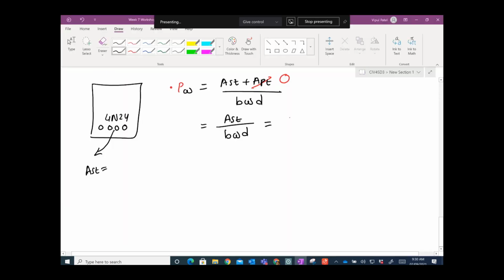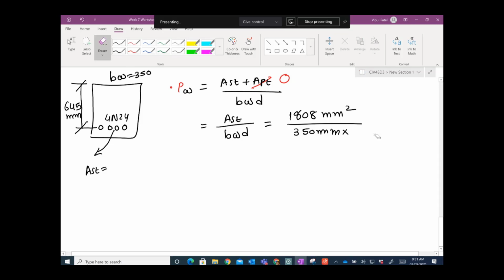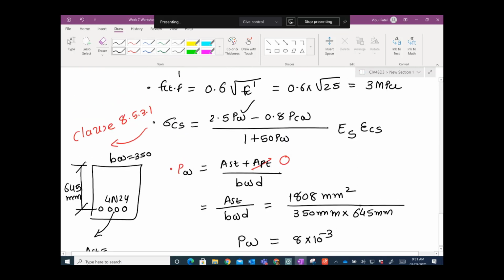So you have 1808 millimeter square. BW, this is your BW, which is 350 millimeters, and your D value is 645 millimeters, if it is given here, right? So in that case, if you just take the ratio, you get 8 times 10 raised to minus 3 as PW. So we found this PW.